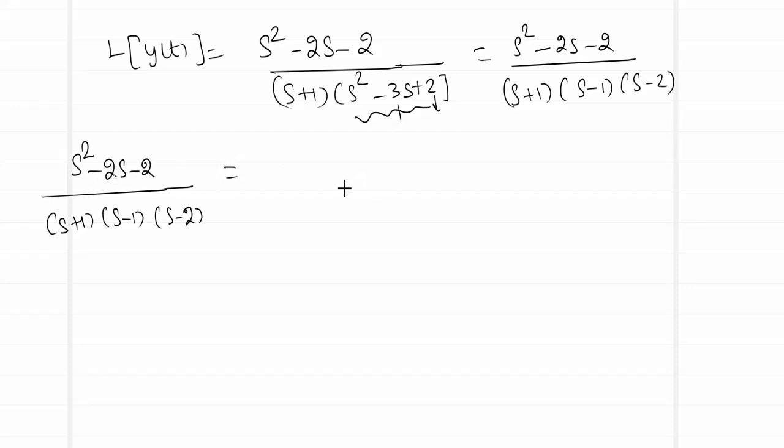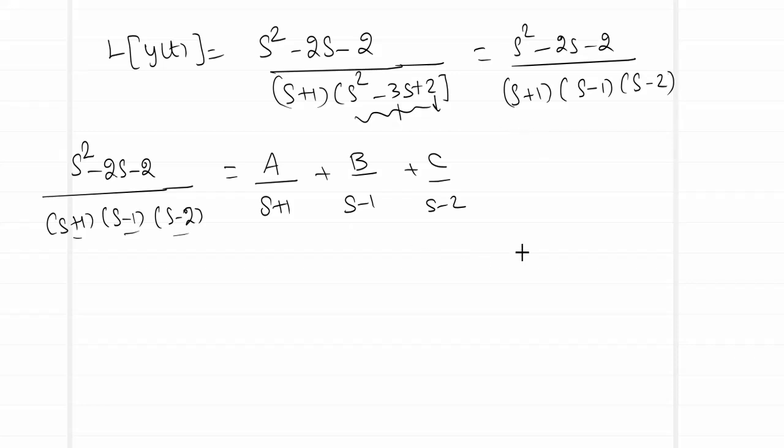We know that the partial fraction technique is going to be the easiest of all to get our answer. So I make this expression in partial fractions as a by s plus 1, b by s minus 1, c by s minus 2. I allocate three different variable constants for this because all the three factors over here are going to be different for me. So all the three constants are going to be different for me.